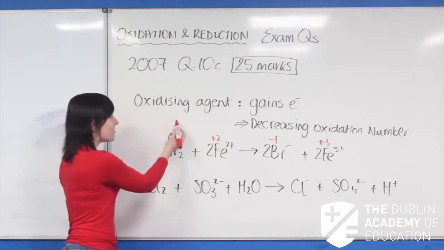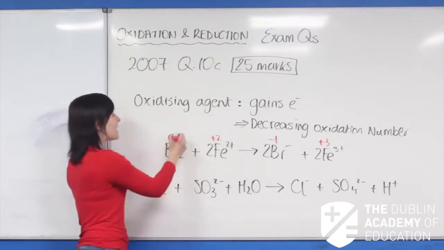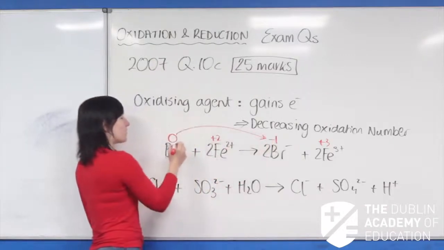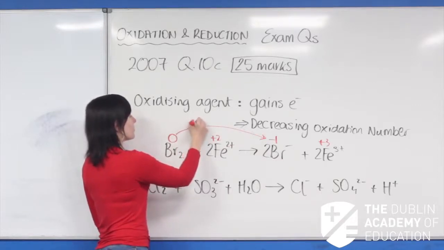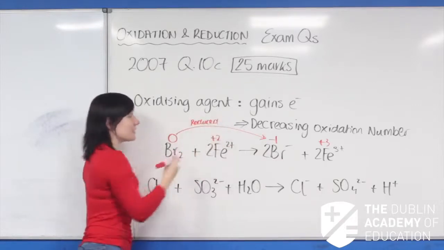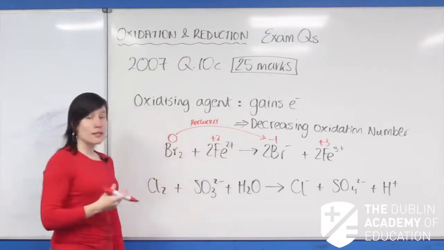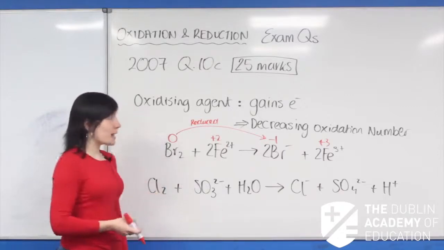An oxidizing agent gains electrons, therefore the oxidation number will go down. And that's exactly what we see happen here. Okay, 0 to minus 1. Okay, therefore this has been reduced. Okay, it's behaving as the oxidizing agent. So we've identified bromine, which is one of our halogens, as the oxidizing agent in this reaction.